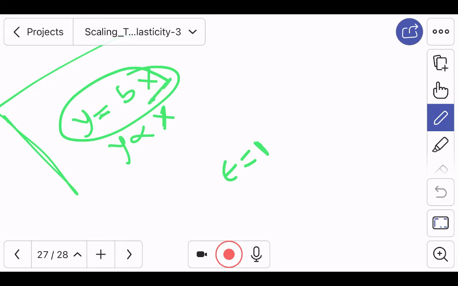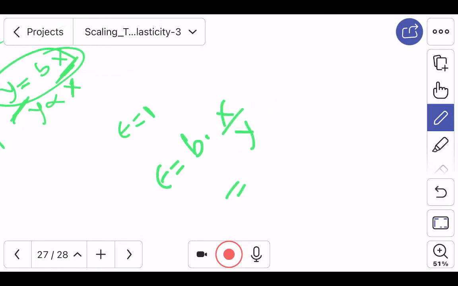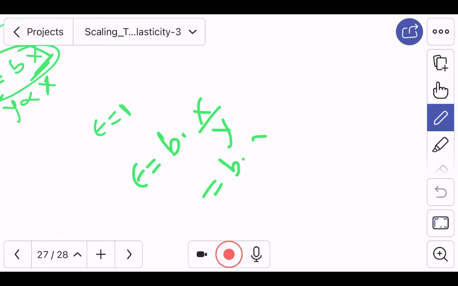Because if x grows by 1%, y has to grow by the same percent. But if you want to apply your formula, you can do it. And what it is, well, elasticity is slope, which is b, times x over y. Okay, then that means b times x, but y itself is b times x. So this will disappear and become 1.